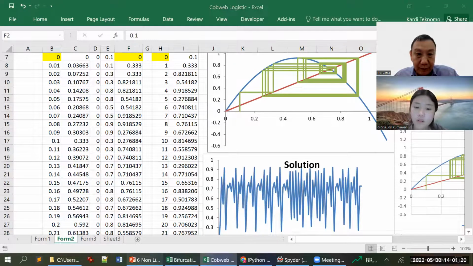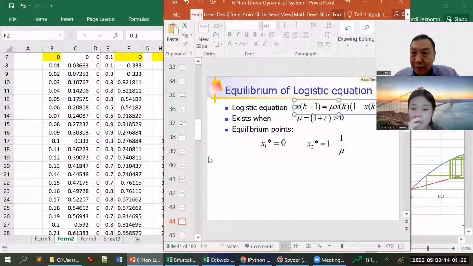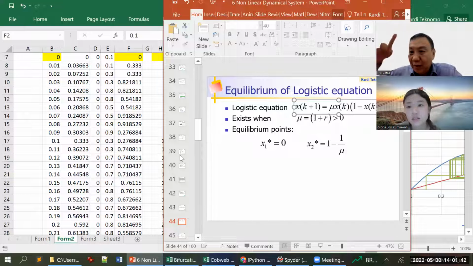If we use the analogy of the rabbit population, if the growth rate is 3.6, it will repeat the cycle several times. It will go up and down at certain values, and apparently there is a certain cycle.